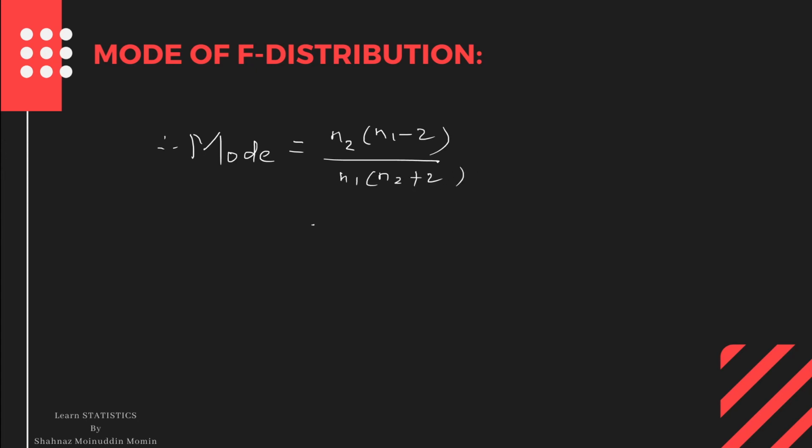Since at this value of x our PDF of F distribution is maximum, hence in this lecture we learn what is mode and how we calculate the mode for F distribution by solving the two equations: the derivative of PDF equal to 0 and second equation its second derivative is less than 0.